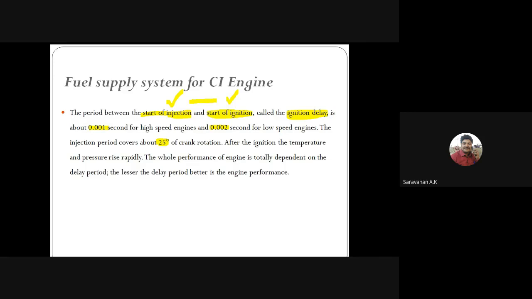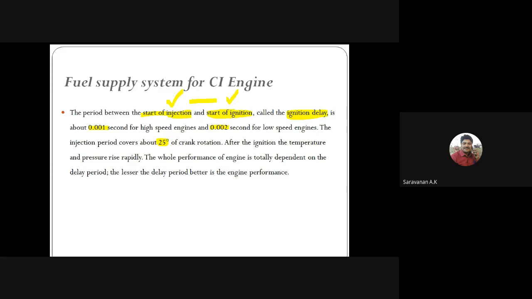So it's one of the important two-mark questions. What is the ignition delay? It is the period between the start of the injection and the start of the ignition. The ignition delay affects the engine performance directly.